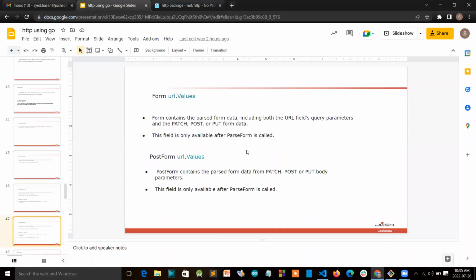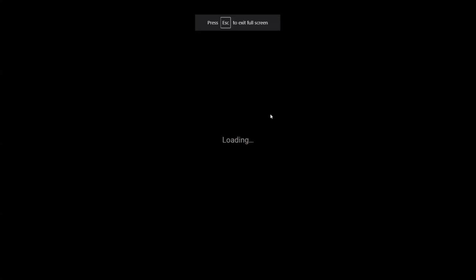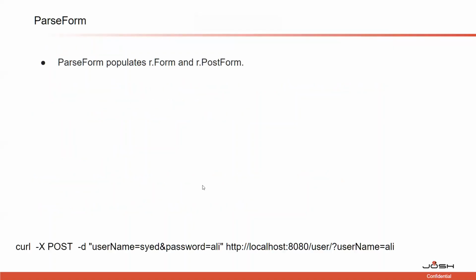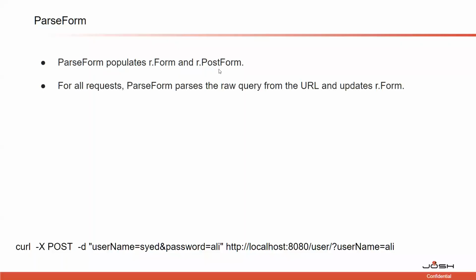So how do you practically read this? Well, before we see a practical example, what is this ParseForm method? Let's read a little about it. ParseForm populates r.Form and r.PostForm. For all requests, ParseForm parses the raw query from the URL and updates r.Form. For example, you could see there is a question mark, username equals Ali.